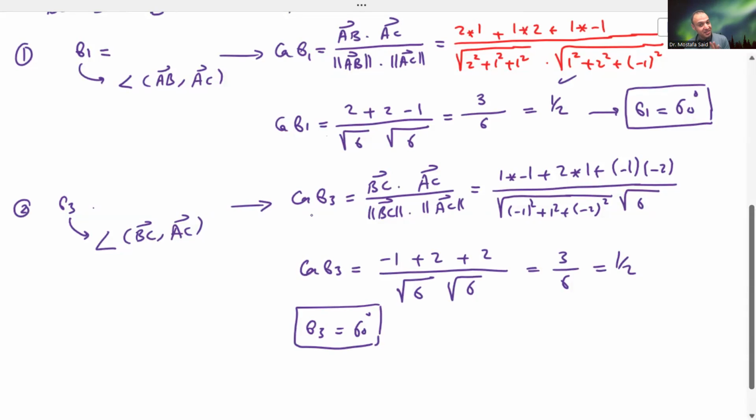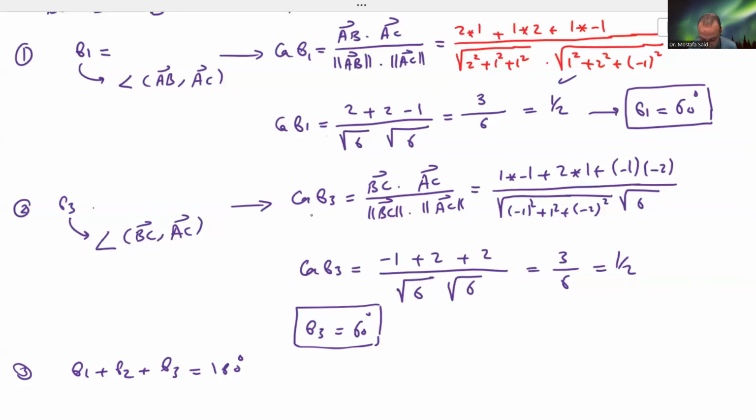Now you can find theta 3 in the same way, or you can go back to our kindergarten math. We know that the summation of the angles of a triangle is equal to 180 degrees. Okay, so we know theta 1 plus theta 2 plus theta 3 is equal to 180.